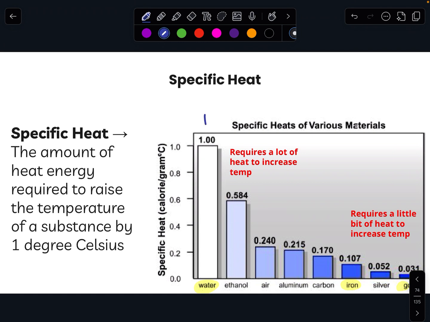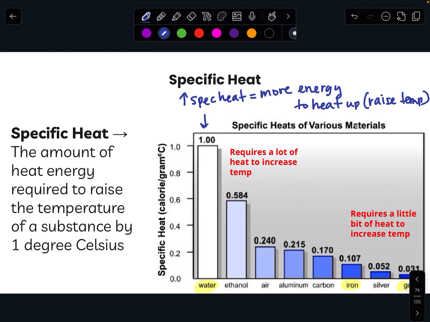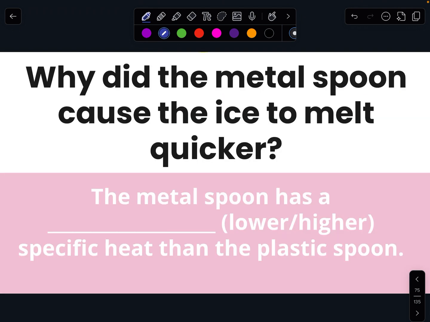So here we have a high specific heat. Okay, that means it needs more energy to heat. So the higher the specific heat, the more energy it needs to heat up or raise the temperature, however you want to think about it.